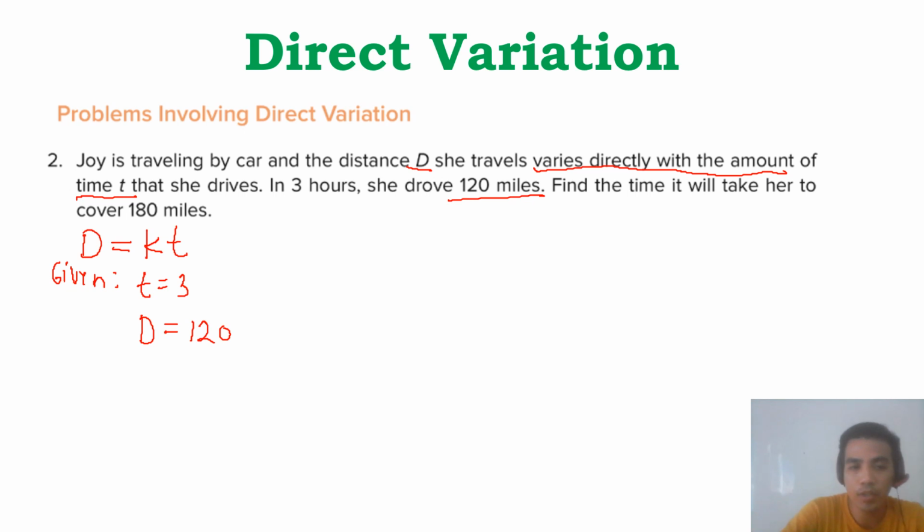Paano ba ma-solve yung constant of variation? d is equal to kt. So, we need to isolate the k. We need to divide both sides by t. So, we have now d over t is equal to k.